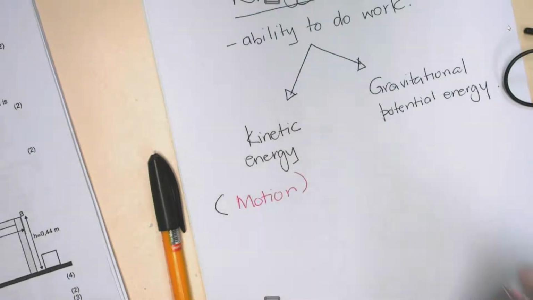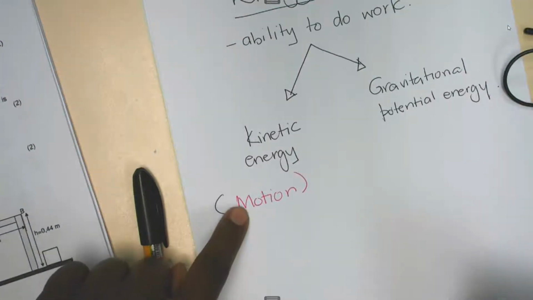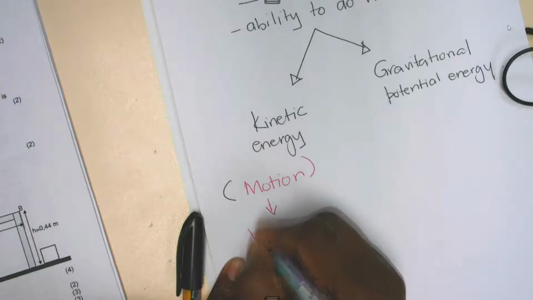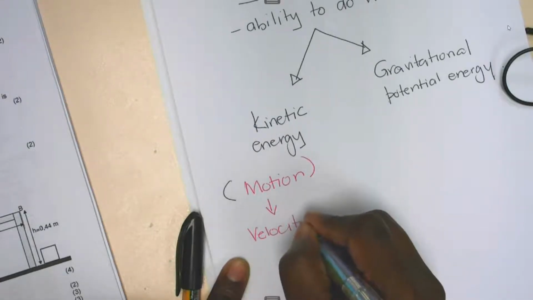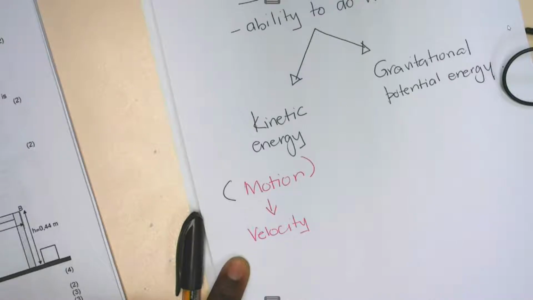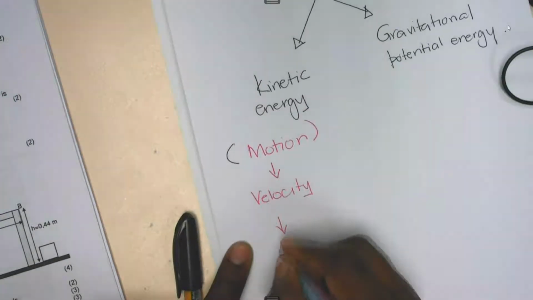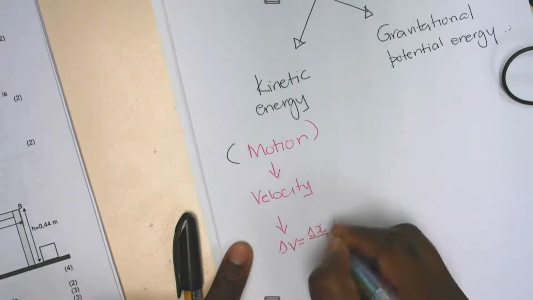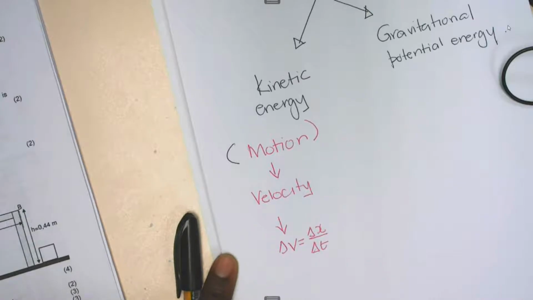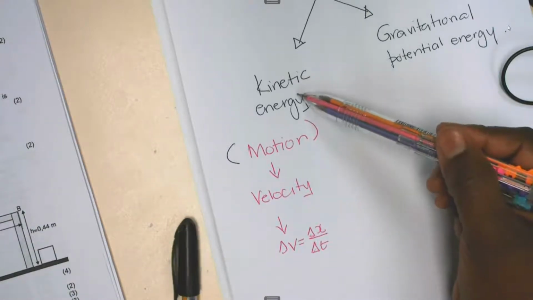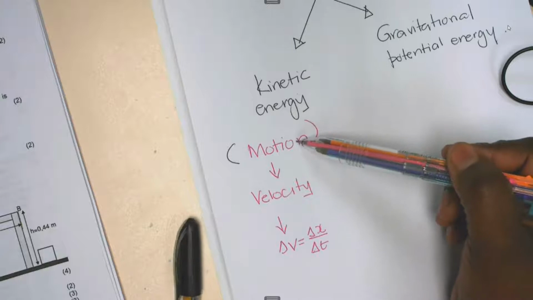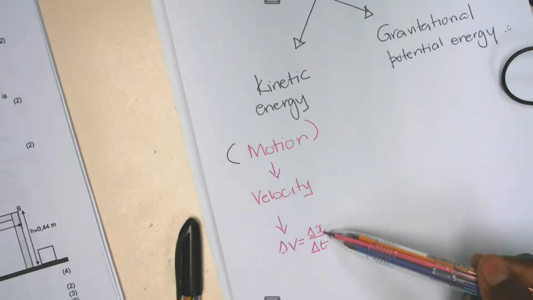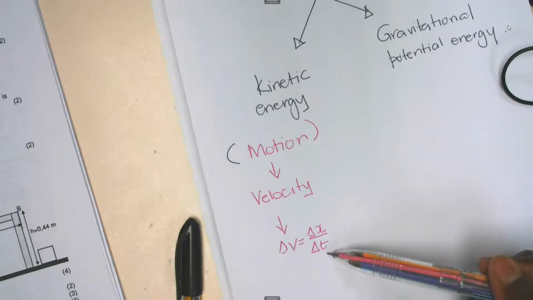So when you are thinking kinetic energy, you must think motion. Motion means there is a velocity. If there's velocity, there is a change in position over a given period of time.